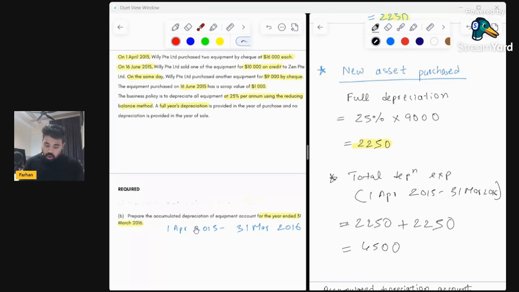Okay? All right. Now, let's look into the preparation of the accumulated depreciation ledger account. If you recall, we are required to prepare this ledger account for the year ended 31 March 2016, which means everything that has happened with regards to accumulated depreciation from 1 April 2015 until 31 March 2016 is what we will focus on.